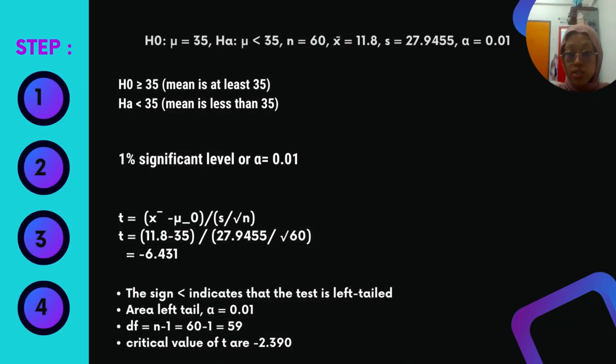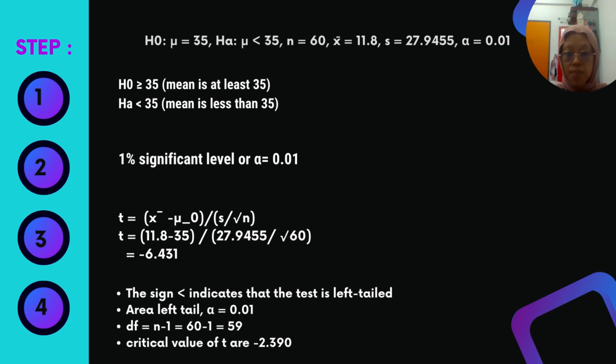So the same steps as question 1. Step 1, H0 is that the mean is at least 35, HA is less than 35. For step 2, 1% significance level or 0.01. For step 3, we compute the formula and got negative 6.431. For step 4, the less than sign indicates that the test is left-tailed. The area in the left tail is 0.01.